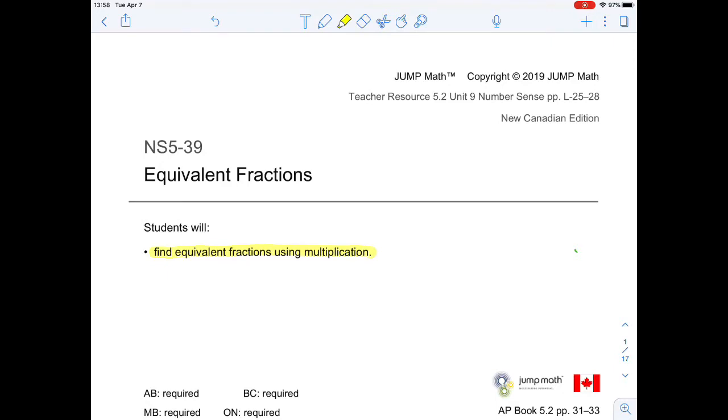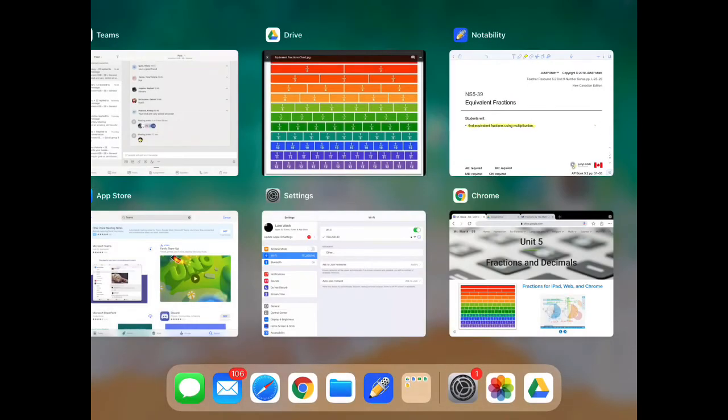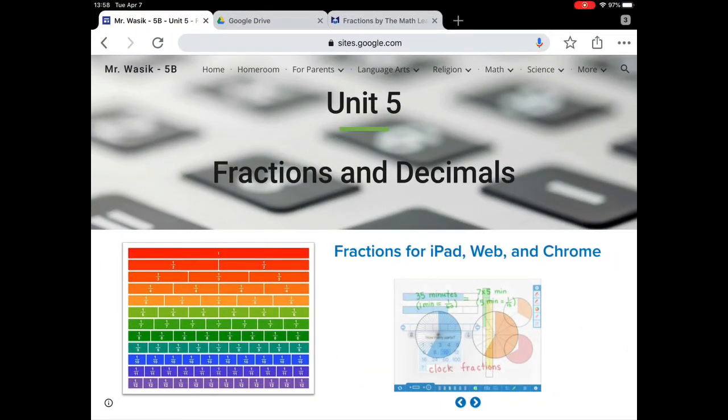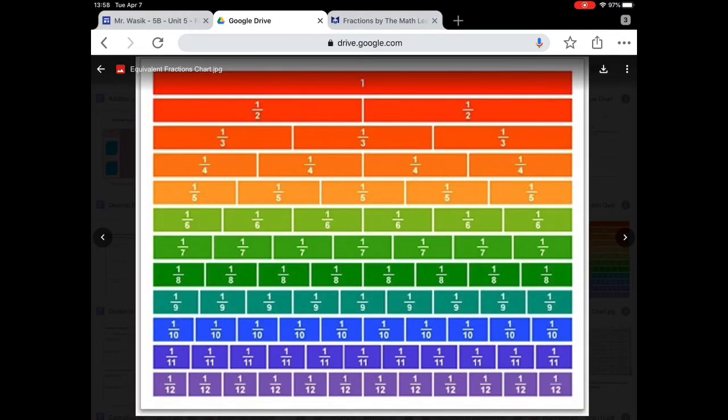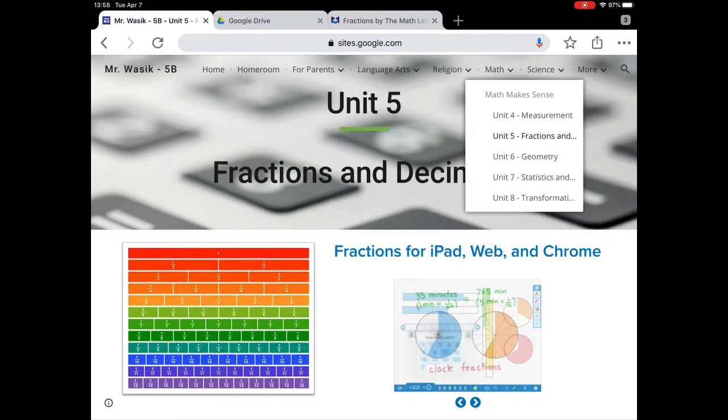Before we get started with this lesson, I just want to direct your attention to a few different resources that we have available to you. On Mr. Wasick's Google site, if you go onto the math page and then unit 5 fractions, you will see this equivalent fractions chart, which will be very helpful, especially with this lesson, and also the fractions web app.